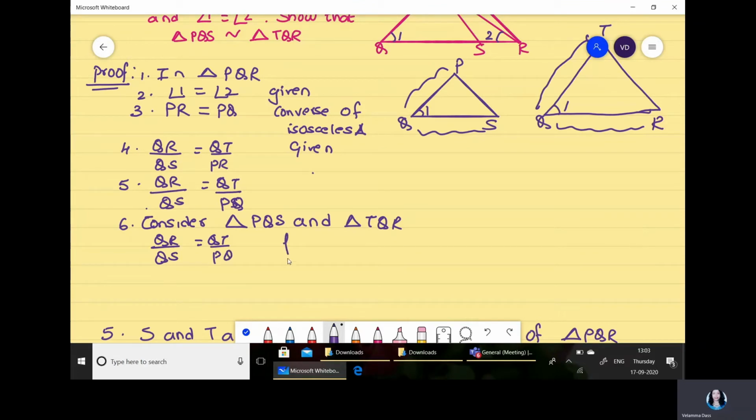This is from 5. We can also say angle Q equals angle Q, that is the common angle in both. Angle Q is common for both the triangles. Therefore, triangle PQS is similar to triangle TQR by the SAS criterion of similarity.